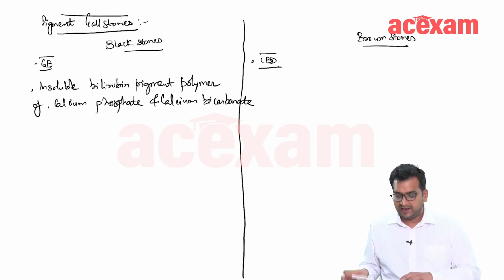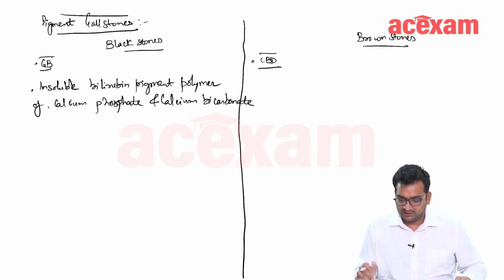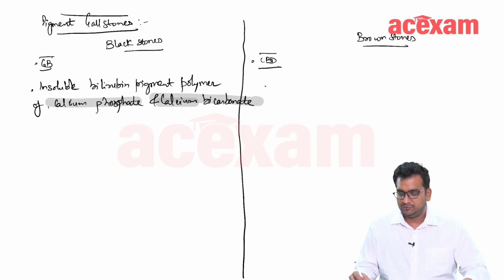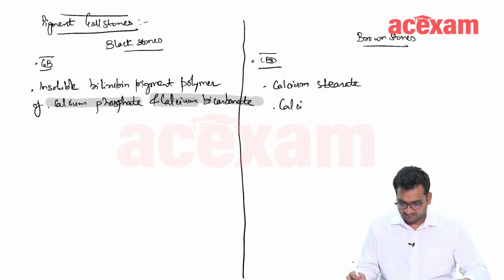So, in black stones, it is mainly calcium phosphate and calcium bicarbonate. Whereas the brown stones comprise calcium stearate, calcium palmitate, and calcium bilirubinate.